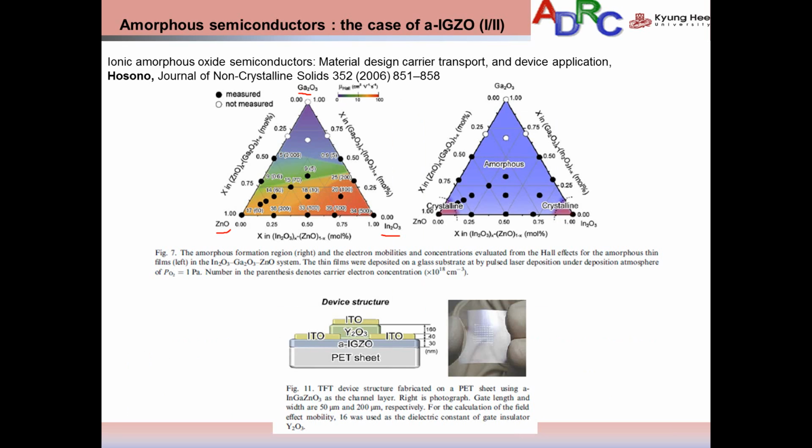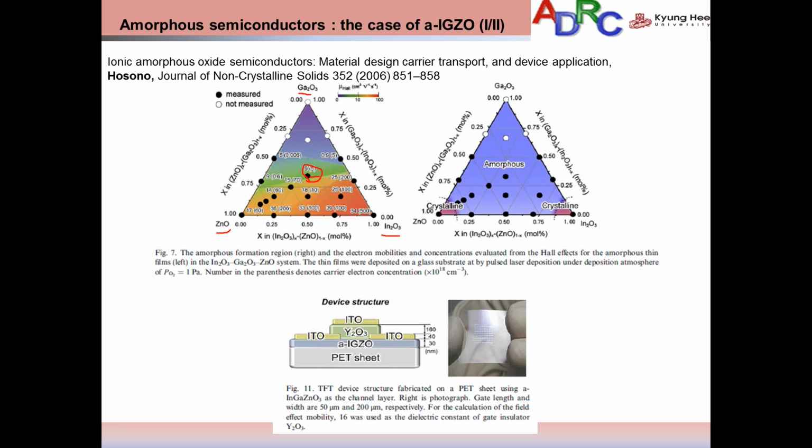So here is, for example, a mixture around 1:1:1, and this gives, for example, very good mobility, around 9 centimeters square per volt second, with an electron carrier concentration up to 5 times 10 to the power 18 per centimeter cube.